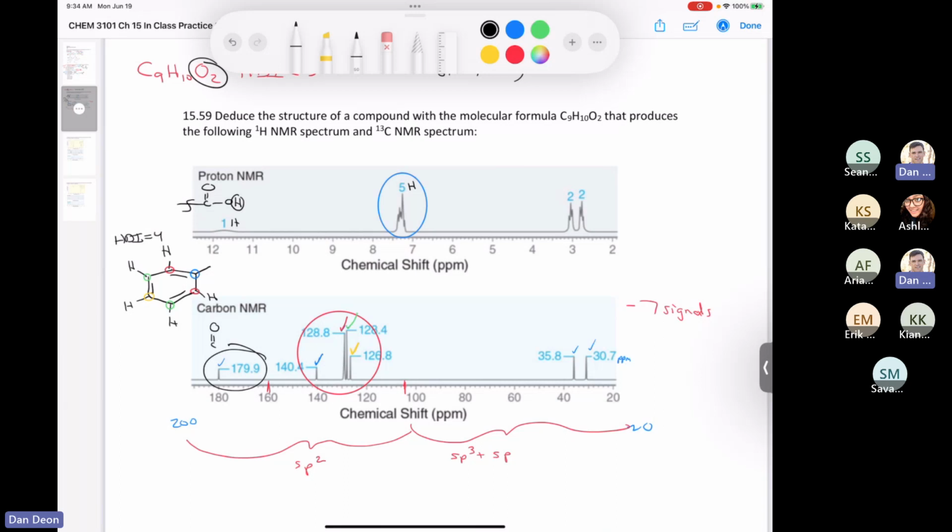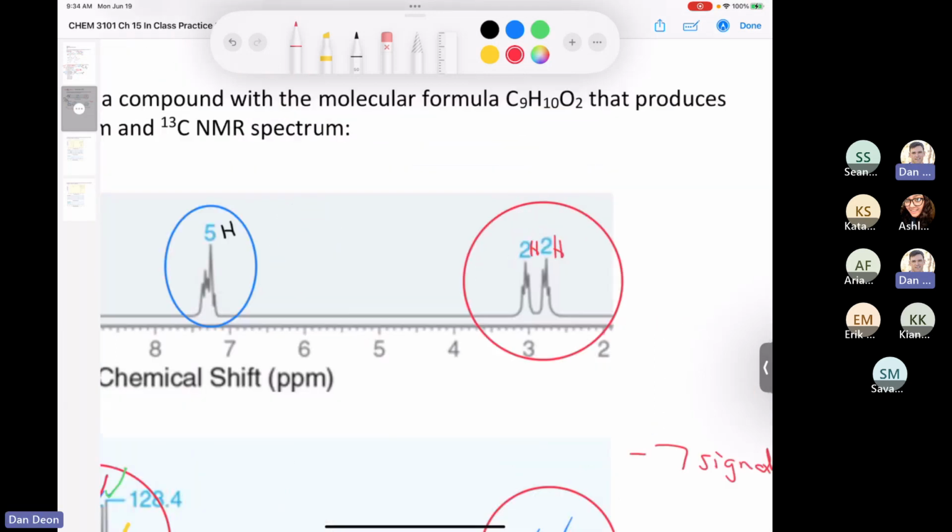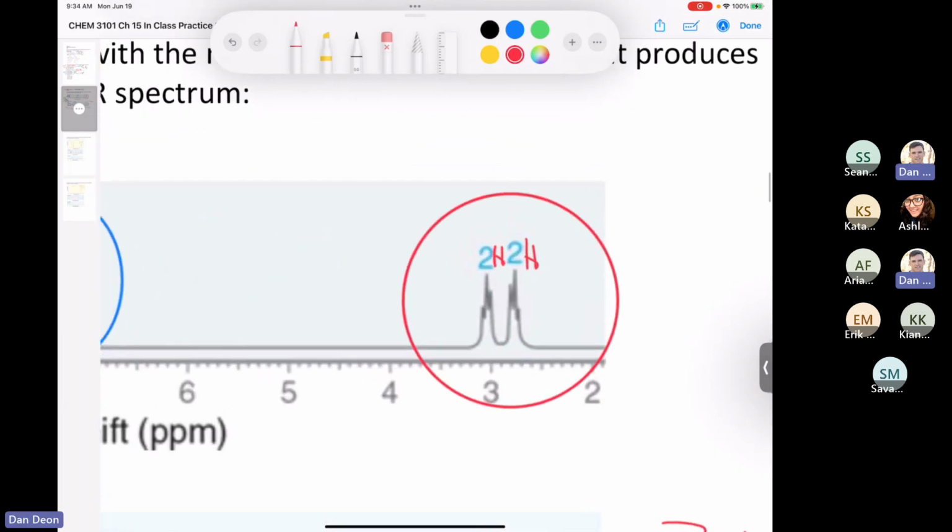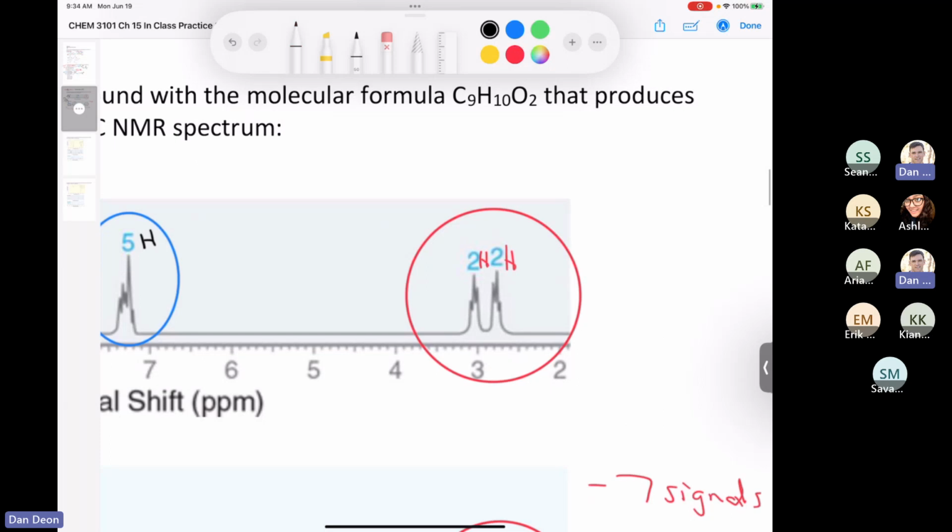So we've taken care of everything except for these 2 triplets that each integrate for 2 protons, and these 2 singlets down here that are on sp3 hybridized carbons. You see how it's hard to see on the screen, but this one has 1, 2, 3 peaks, and this one has 1, 2, 3 peaks. So this is a triplet, and this is a triplet.